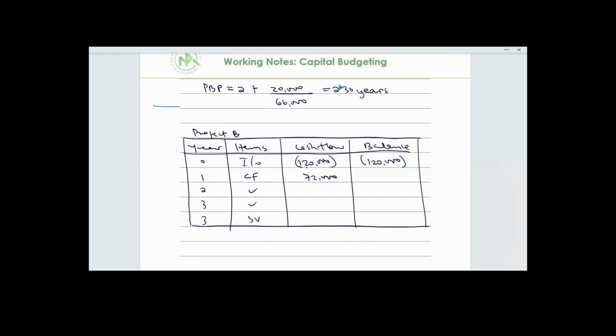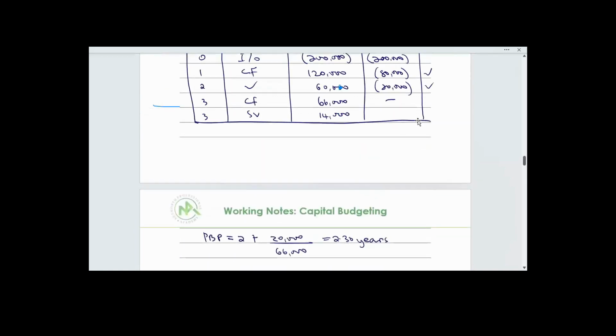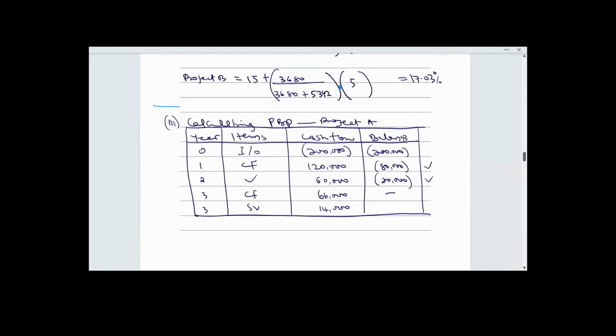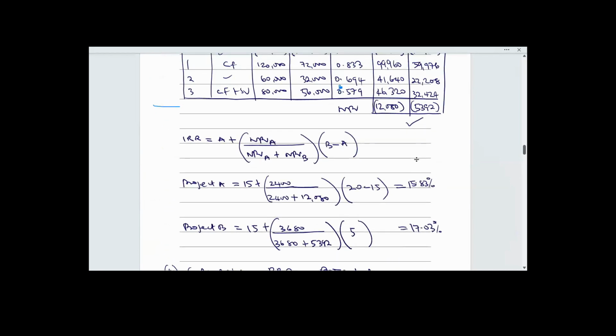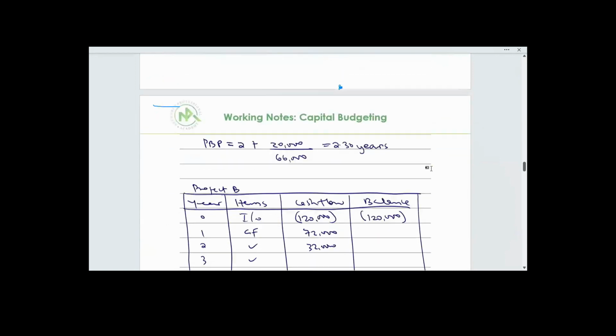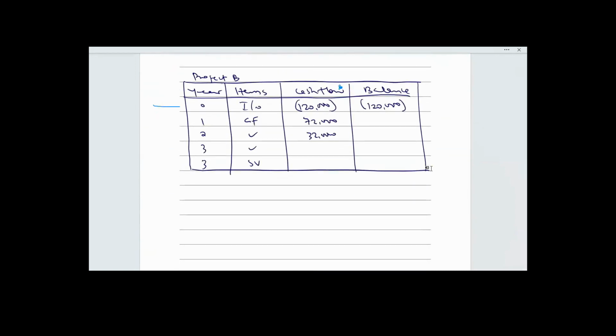72,000, 32,000. Then the third year cash flow for project B is 44,000.